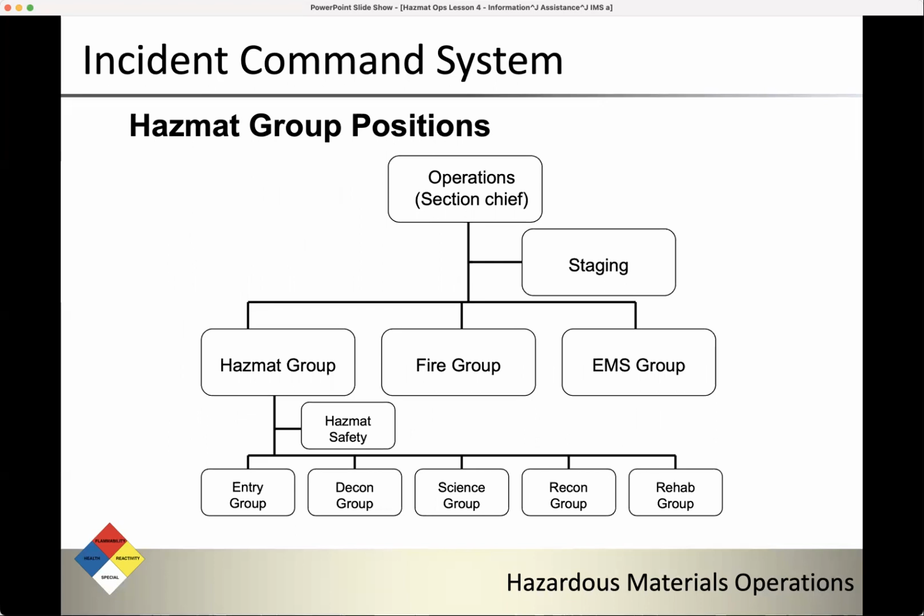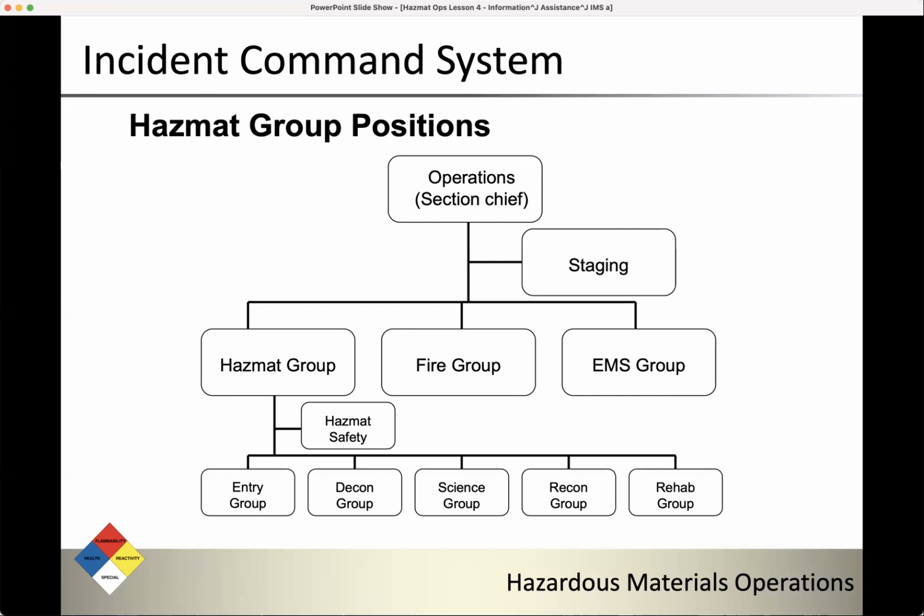So here's zooming in on the operations section chief. Under them, you might have staging, like I said, a hazmat group, a fire group, or an EMS group. Under the hazmat group, you'd have the hazmat group leader, and then the hazmat assistant safety officer. And you might have an entry group, a decon group, a science group, a recon group, and a rehab group.